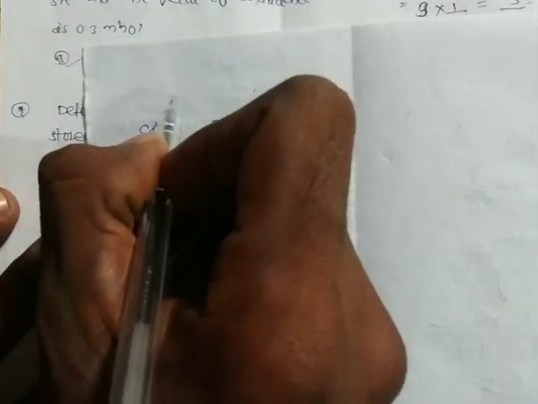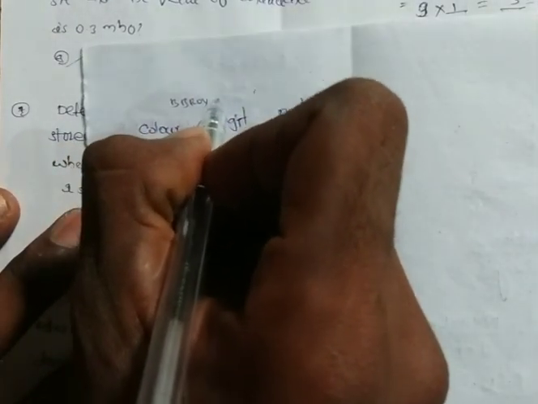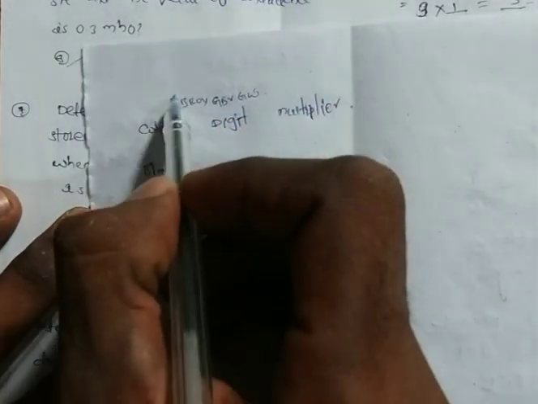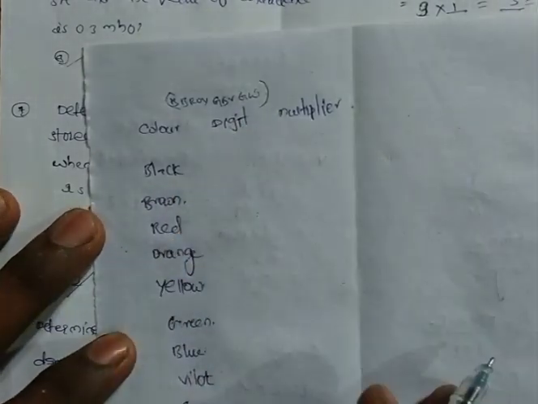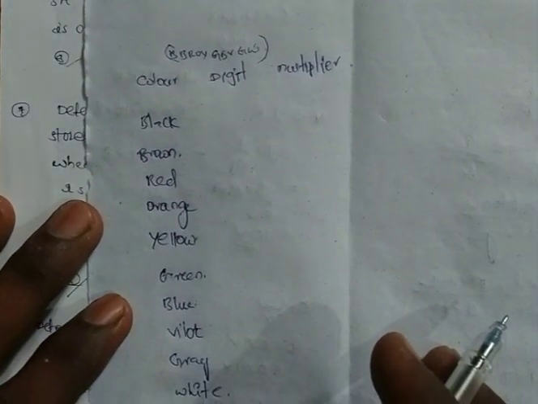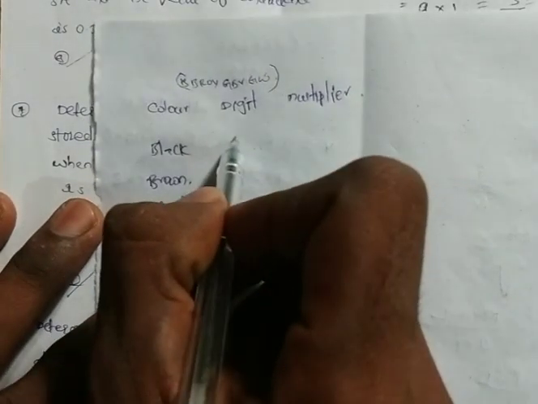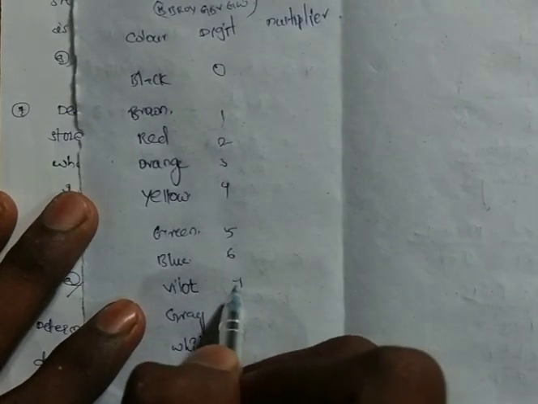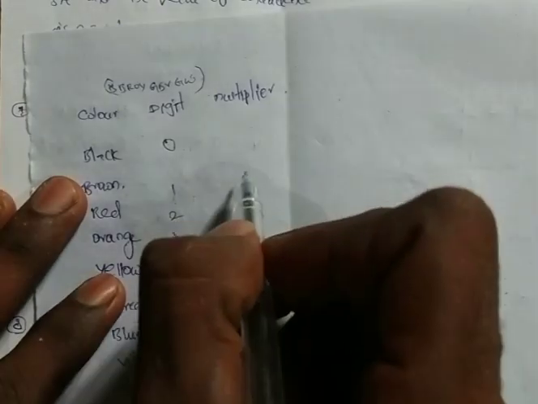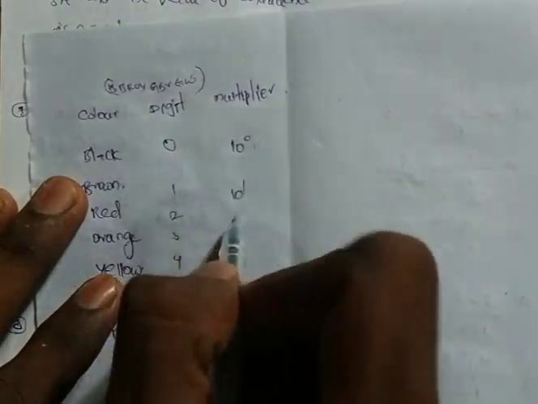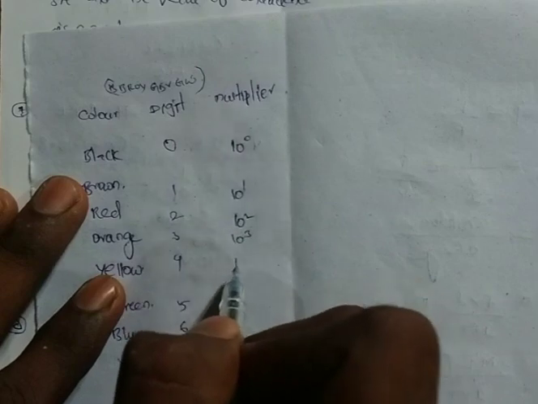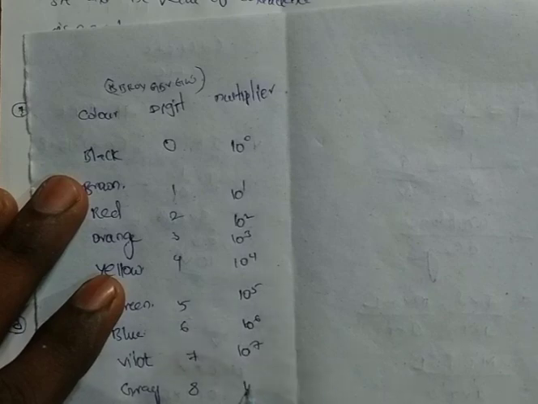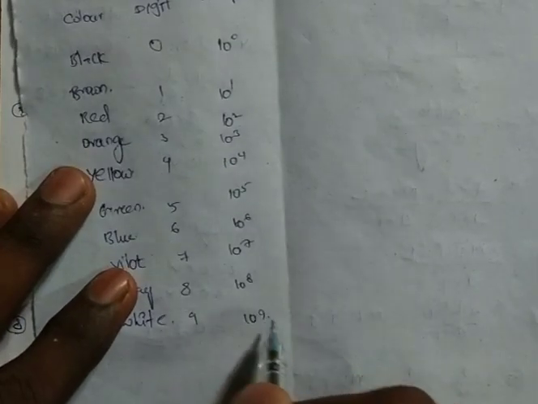B.B. Roy has a Great Britain very good wife. This is the shortcut for remembering the colors. Next, digit: 0, 1, 2, 3, 4, 5, 6, 7, 8, 9. And next, multiplier: 10 power 0, 10 power 1, 10 power 2, 10 power 3, 10 power 4, 10 power 5, 10 power 6, 10 power 7, 10 power 8 and 10 power 9.